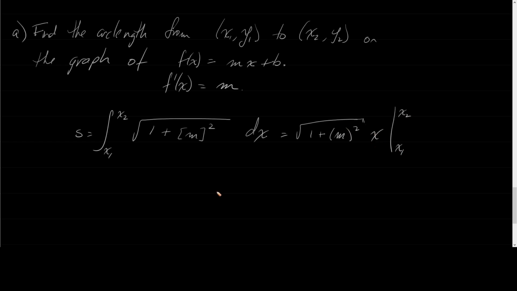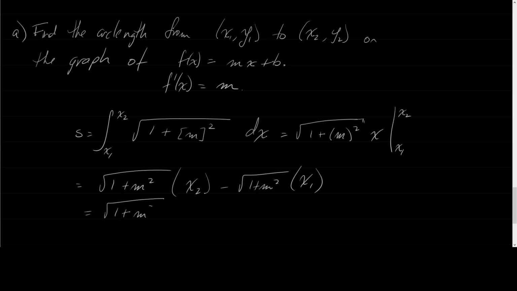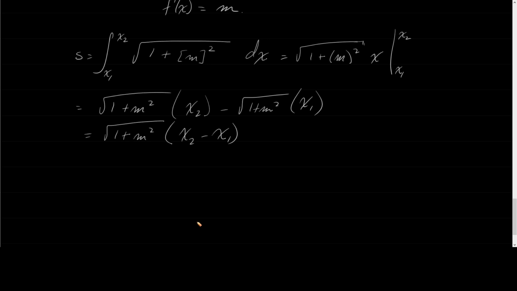All right, cool. Now let's plug these bounds in there. So I really plug in the top, plug in the bottom. So I have the square root of 1 plus m squared times x sub 2 minus the square root of 1 plus m squared times x sub 1. Both of these have that square root of 1 plus m squared, so I have the square root of 1 plus m squared times x sub 2 minus x sub 1. But in here, we know what m is, right?